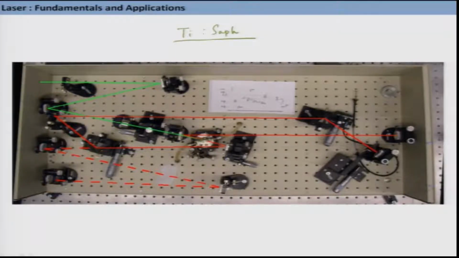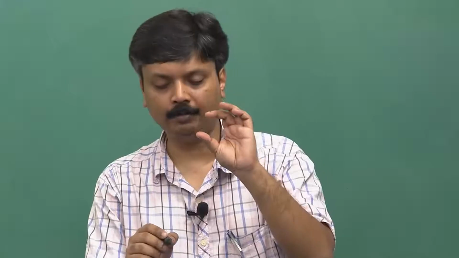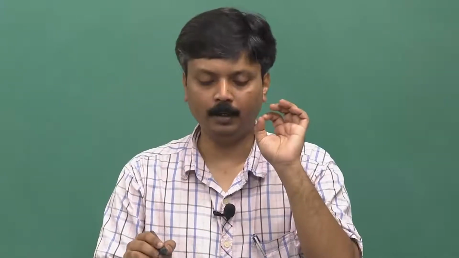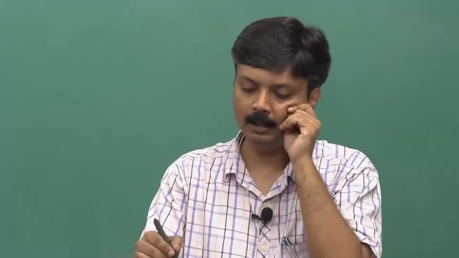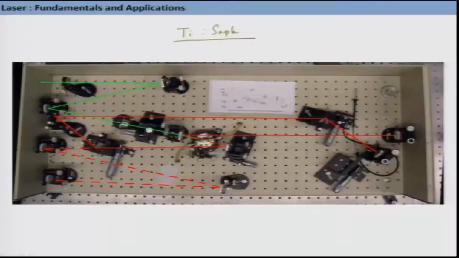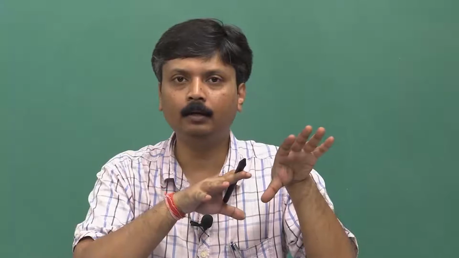So you hold the titanium sapphire crystal and then you pump it. Now you see here in this arrangement you don't see any flash lamp. This is totally different from what we were seeing in the previous two cases of ruby laser or Nd:YAG laser.